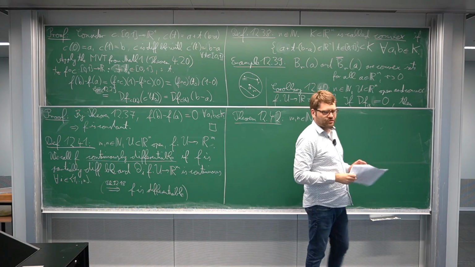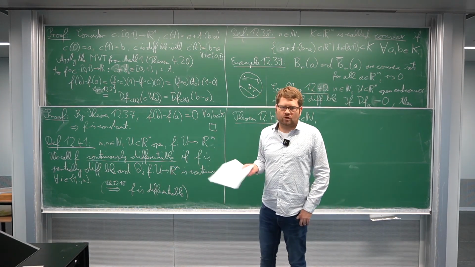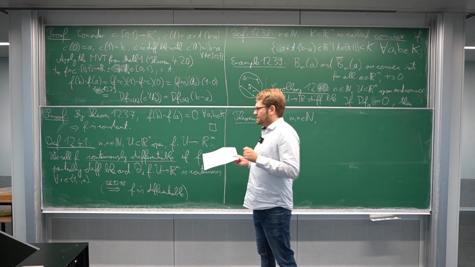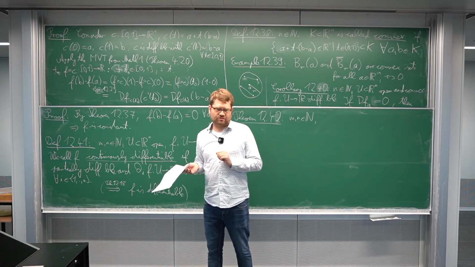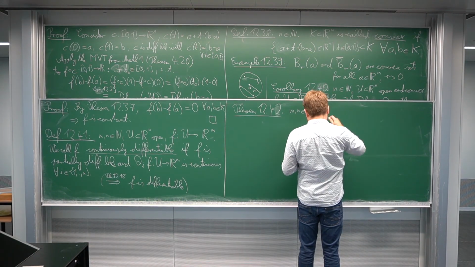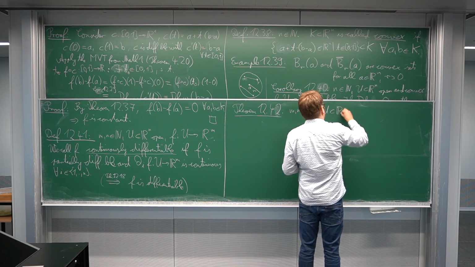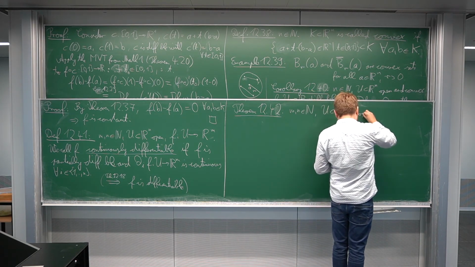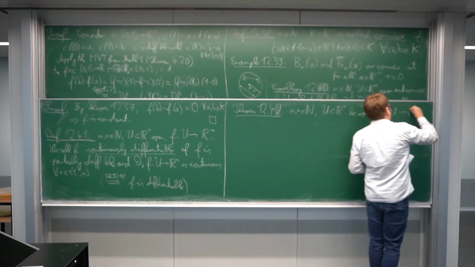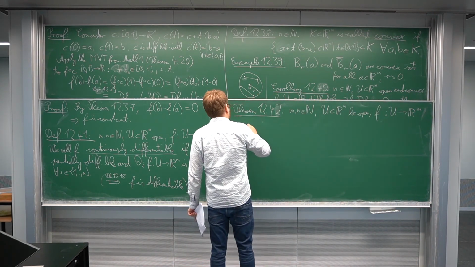We want to study Lipschitz-continuity. I've introduced Lipschitz-continuity for metric spaces, and we've seen in Math 1, where we had just Lipschitz-continuity between the real and complex numbers, that any continuous map on a compact interval is Lipschitz-continuous. Here it's basically the same statement, namely the following. Let M and N be natural numbers, let U in Rn be open, and let F from U to Rm be continuously differentiable.